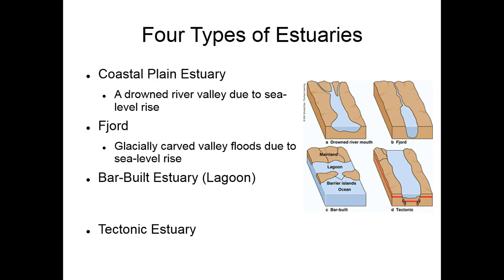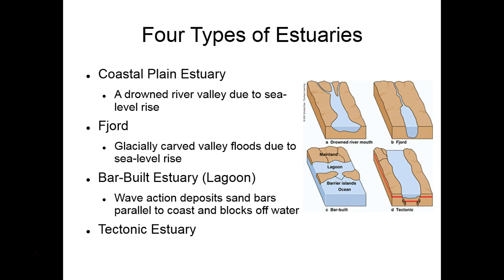And so a fjord is due to glacial activity where the glacier eventually melts and you have ocean water coming in and flooding it. A bar-built estuary, which is also called a lagoon, occurs when you have longshore drift depositing sediment and creating sandbars or islands or barrier islands, and that creates what's called a bar-built estuary or a lagoon.